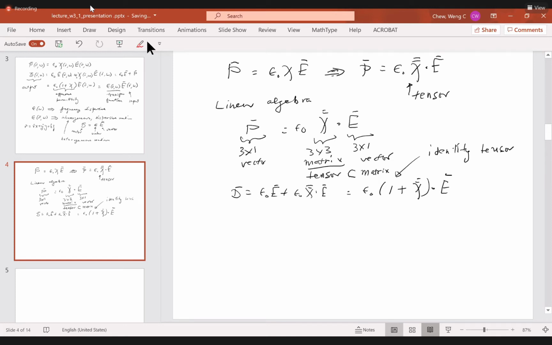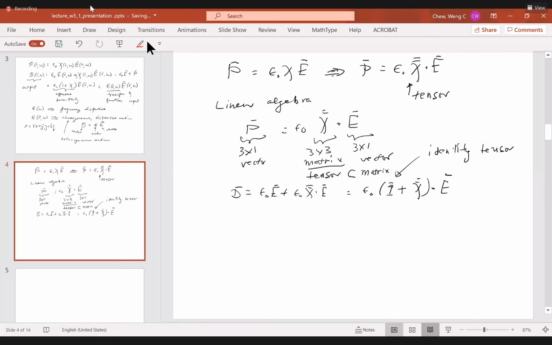Tensor and matrix are the same, but usually people just write 1. They don't bother to write it as the identity. If you want, you can be more elaborate and write this as identity tensor, but usually people are sloppy, they just write 1 there.